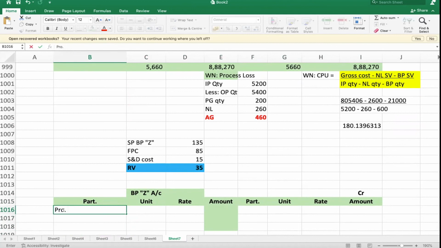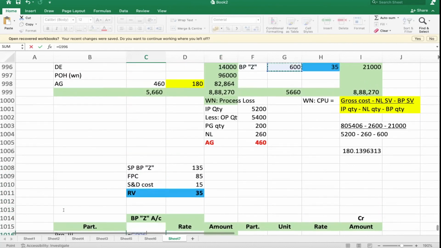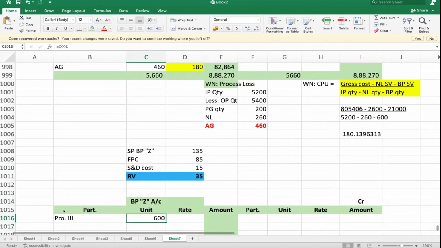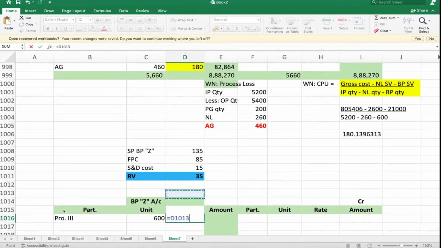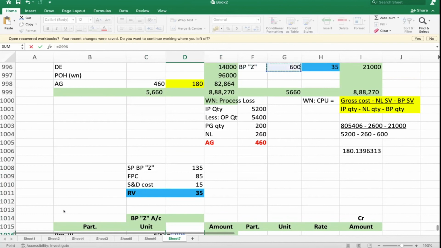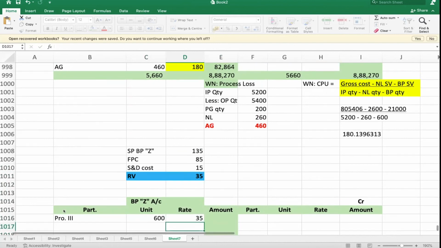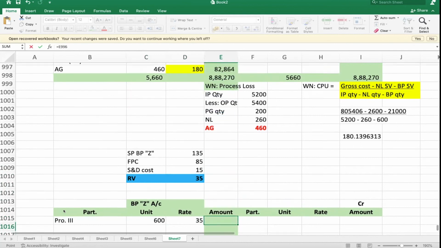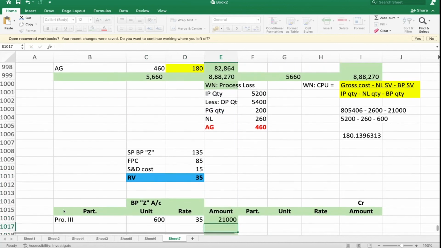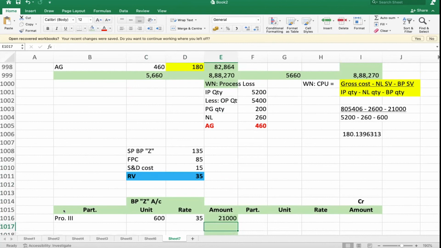How many units in process 3 account? 600 units, quantity 600, rate 35, and value has to go 21,000, like posting only. Am I right? Process 3 account, from there we got it done.